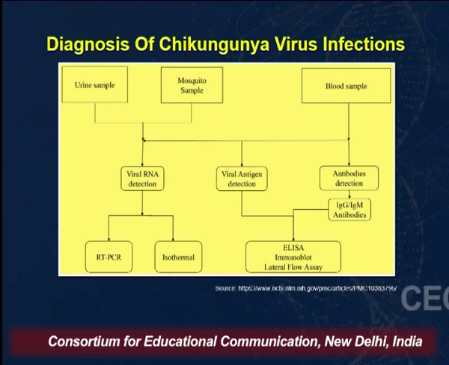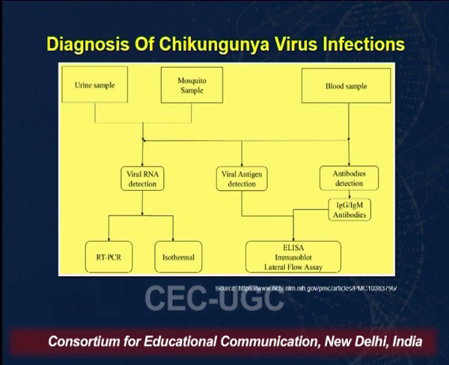The viral RNA detection is generally done with the help of RT-PCR, which we heard many times during the COVID infection also, which played a very important role in the detection of these viral infections within a patient. Then the viral antigen detection methods include the ELISA method or the immunoblot methods.